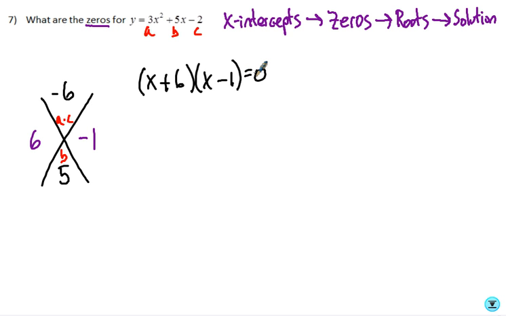Now there's one additional step on this that you have to be careful of. So don't shoot right into pulling these two things apart and then solving for x. Don't do that. Because there's one extra step to this one, which is the fact that this one had an a value. Take a look at what a is. A is equal to 3.